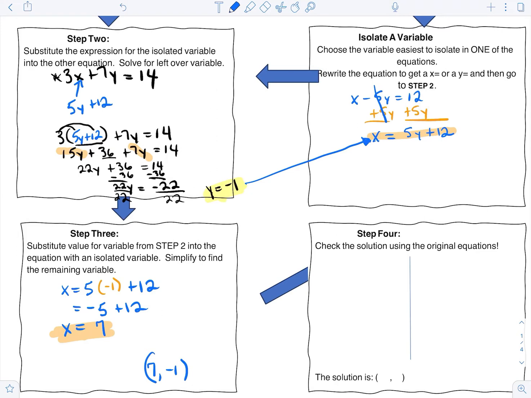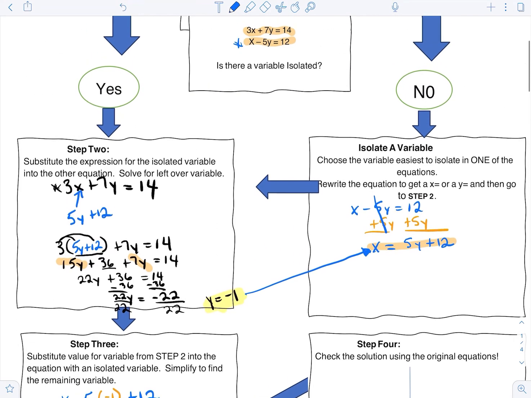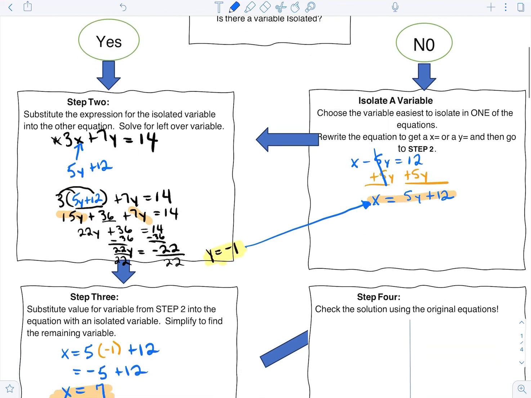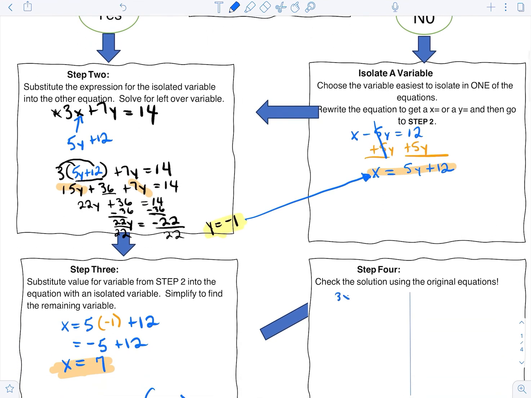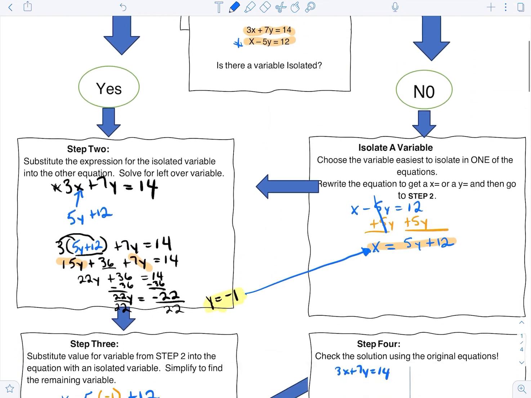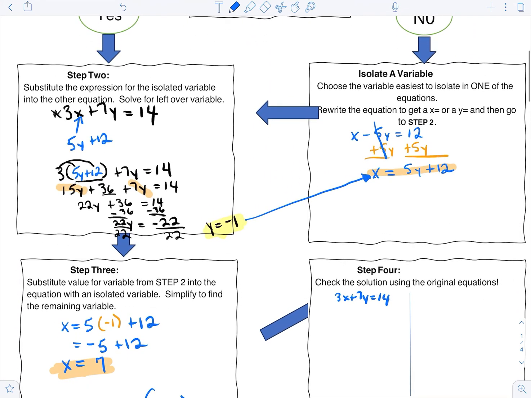All right, we need to check this. So our original equations were 3x plus 7y equals 14. And we can just write this one here, x equals 5y plus 12.